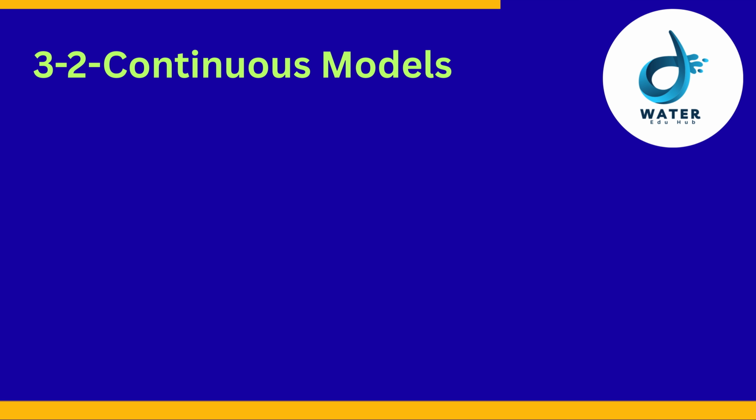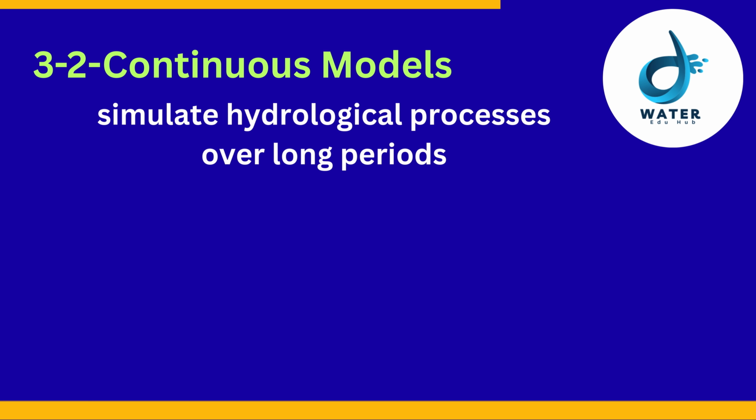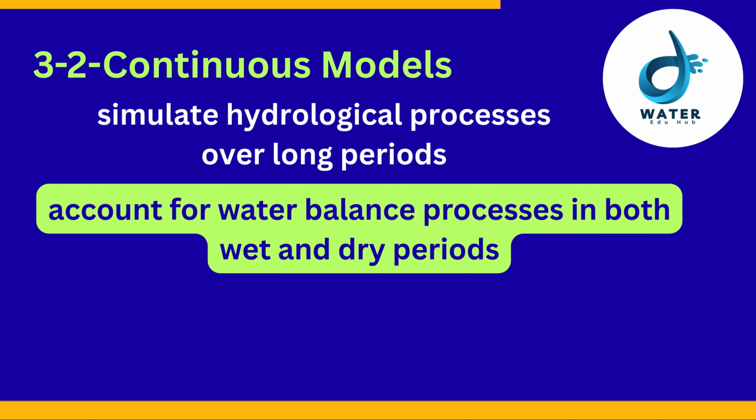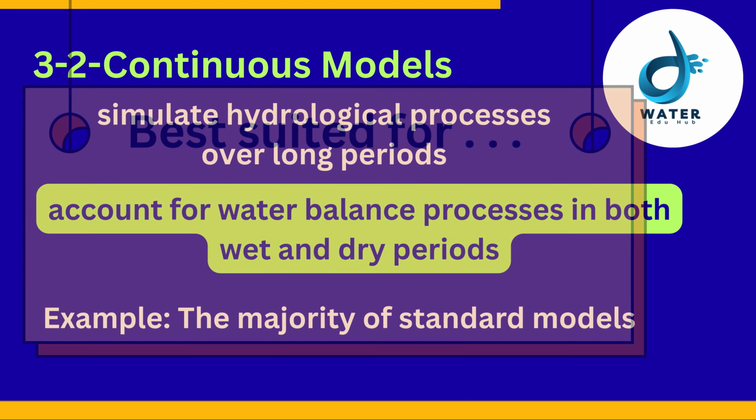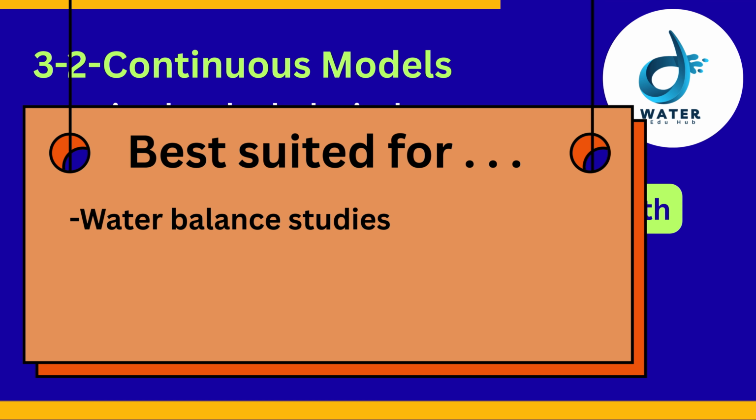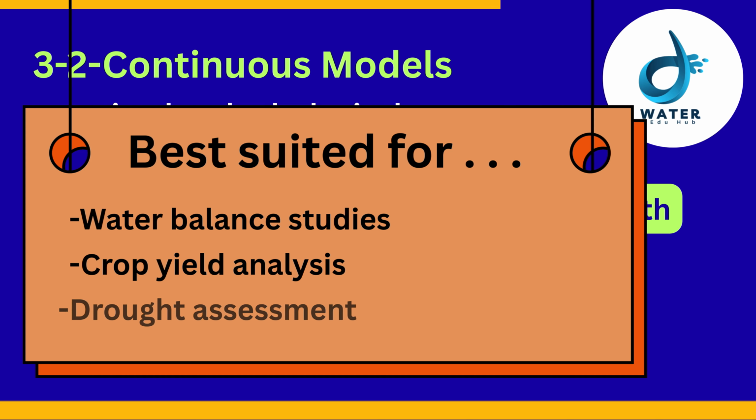Continuous models, on the other hand, simulate hydrological processes over long periods of time, such as months or years. They account for water balance processes in both wet and dry periods. Most modern rainfall runoff models are capable of continuous modeling. These models are best suited for water balance studies, crop yield analysis, and drought assessment.